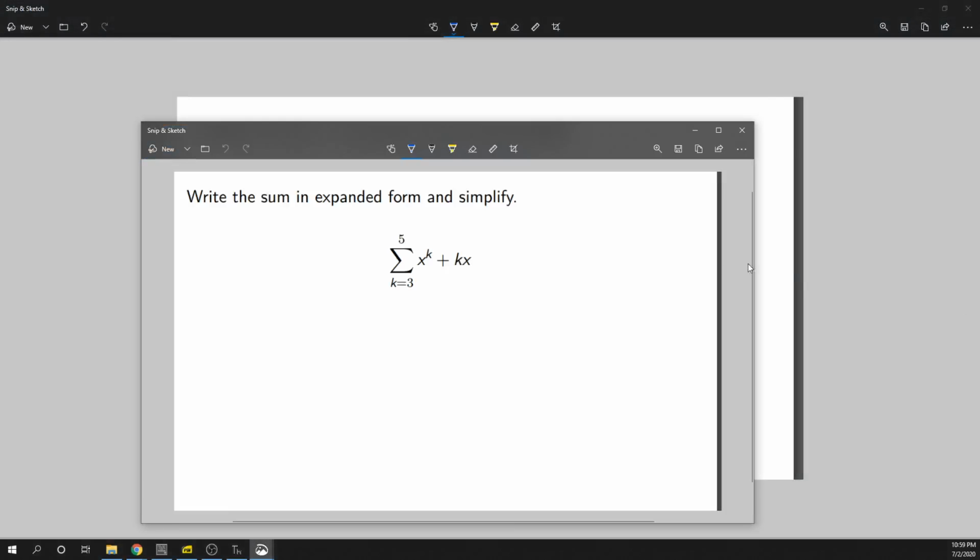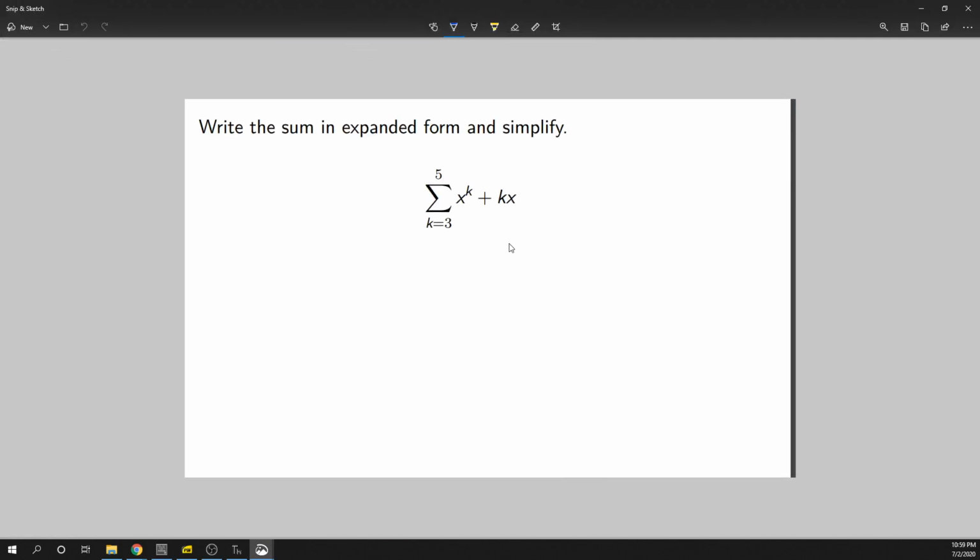In the next example, we have a couple of variables in here, x and k, but remember you're plugging the values of the index variable into the k, right, into the index variable, not the x. So in the previous two examples, right, our final answers came out to be numbers.